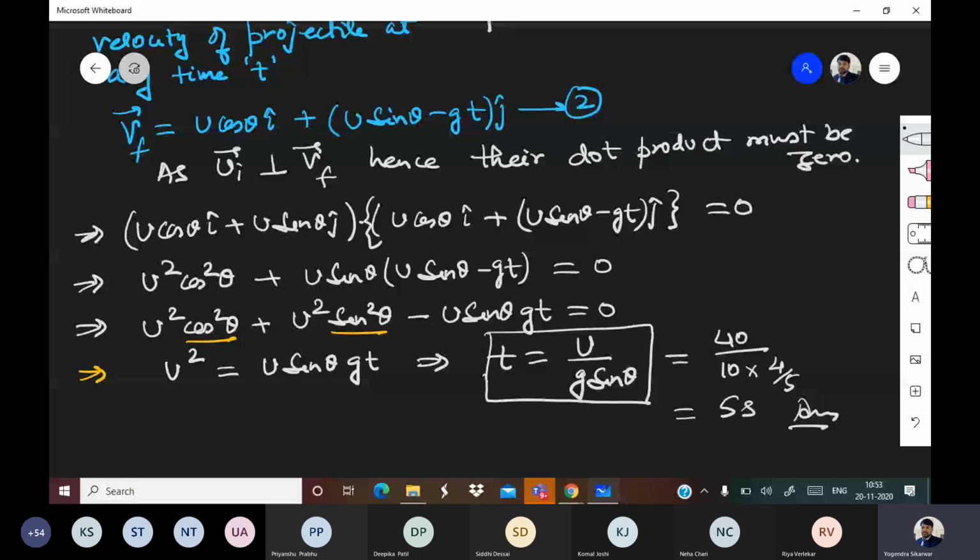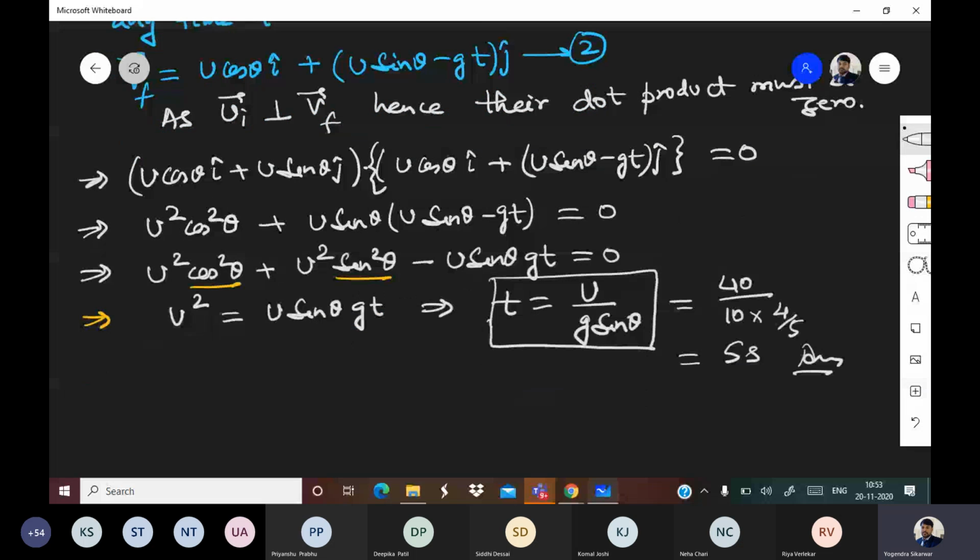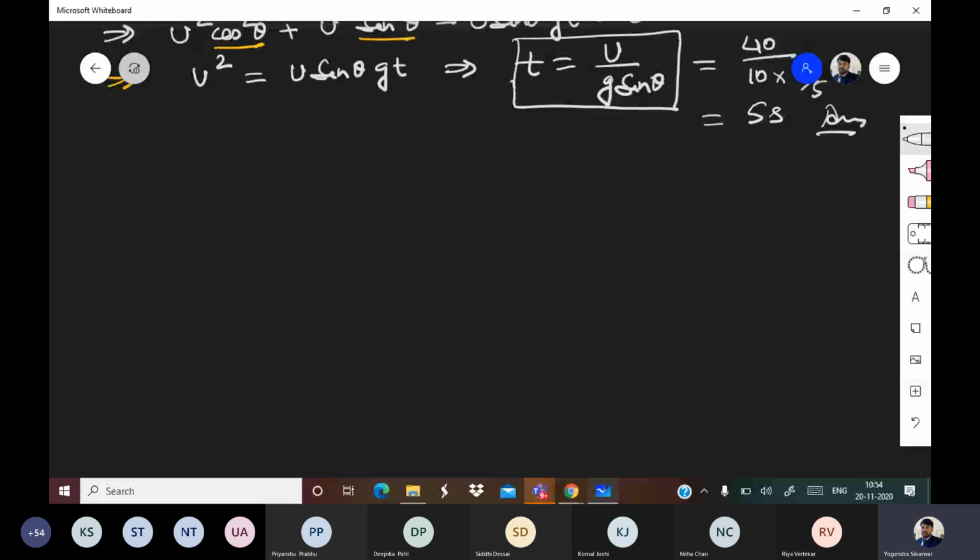Okay. After the class. Now, we have talked about at any time where is the particle, at any time what is the velocity. Now we are going to talk about equation of trajectory of a projectile.